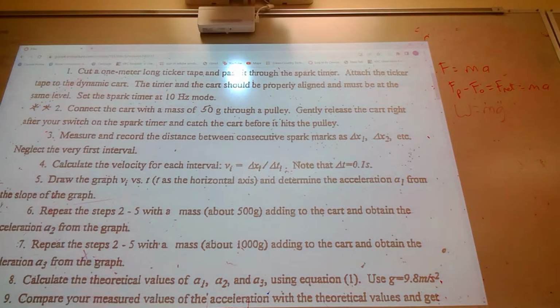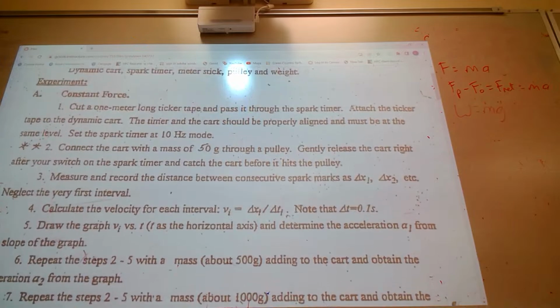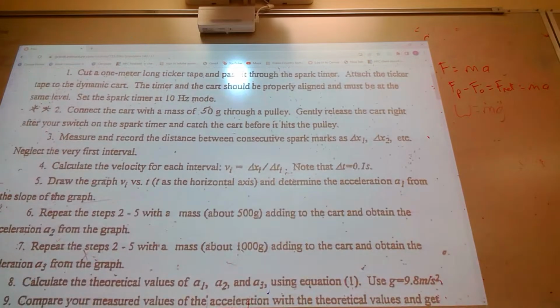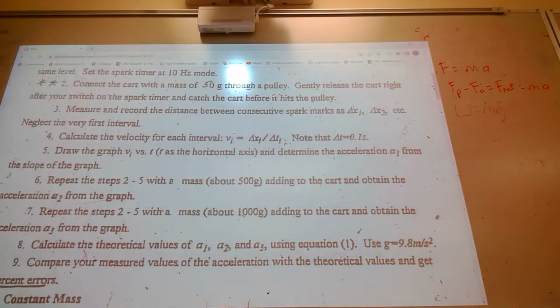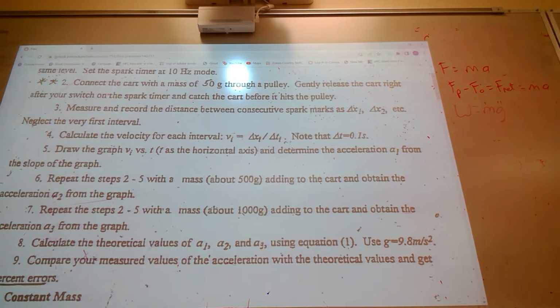Now remember how you get your velocity? It's the same you did before. You get the delta x with your caliper, you divide by 0.1 in your time, and that gives you the velocity. You're going to calculate the 3 theoretical values.